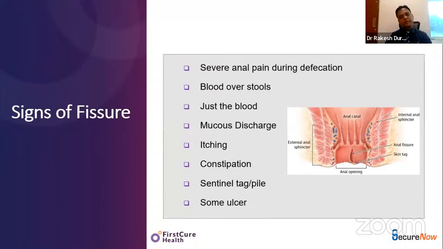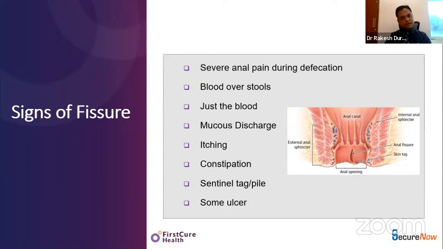Now in the treatment of the fissure, 95 to 99% of anal fissures are treated conservatively, just by medication, sitz baths, more fibers, laxatives, and one kind of ointment which I prescribe to the patient is lidocaine ointment, which should also contain glycerin trinitrate.